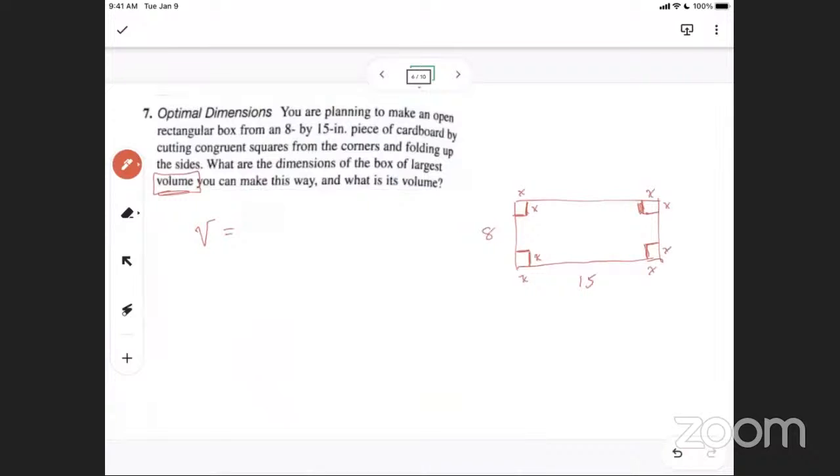In fact, I'm going to write the volume immediately in terms of x, because I think we can see this. This distance right here is going to be the width, and that's going to be 8 minus 2 x's.